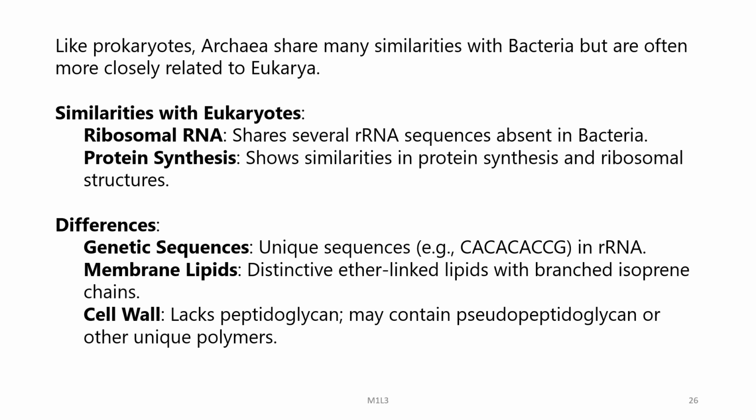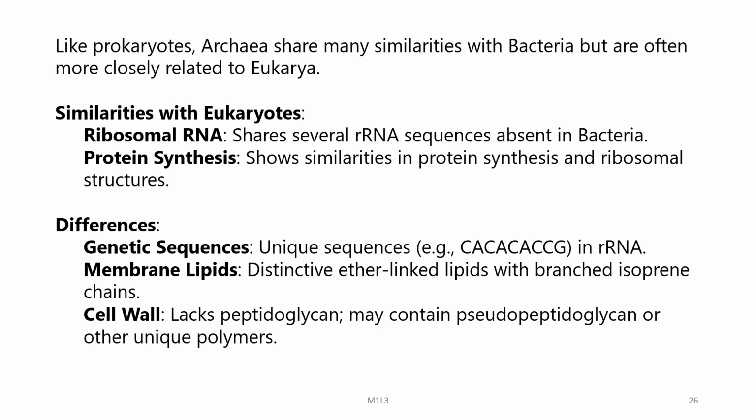Like prokaryotes, archaea share many similarities with bacteria, but are often more closely related to eukarya. So, they are in between the two, the bacteria on one side and eukarya on the other side. What are the similarities with eukaryotes? The ribosomal RNA: it shares several RNA sequences absent in bacteria. When it comes to protein synthesis, it shows similarities in protein synthesis and ribosomal structures. Then come the differences.